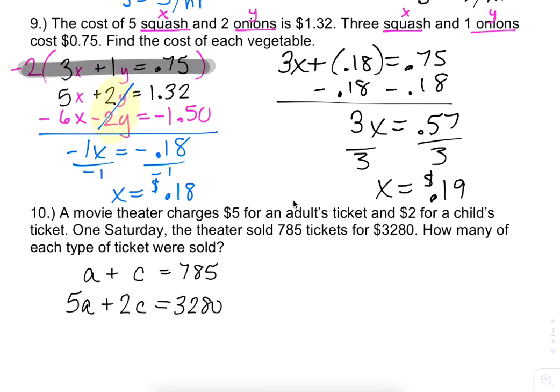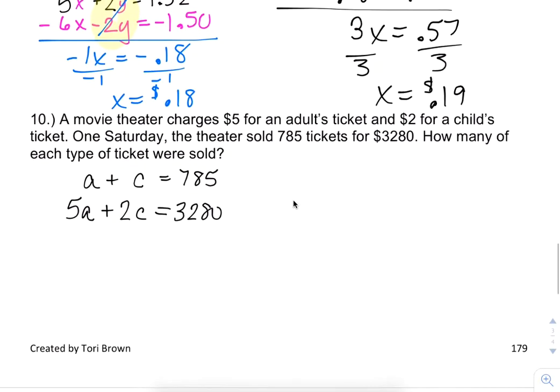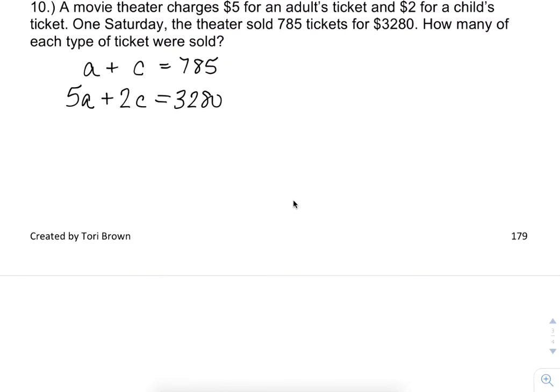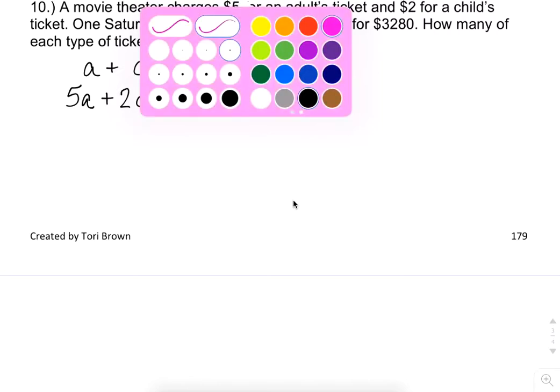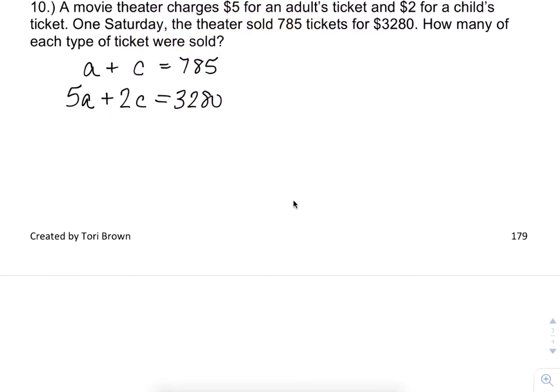All right, number 10. On this problem, you actually have 2 options. You can make the A's cancel, or you can make the C's cancel. I think because we've multiplied so many problems by -2, that might look to you like the only option. So I'm going to go ahead and use the A's to cancel, just kind of as a reminder that you can use both, okay? So let's say I want to make this a -5a.